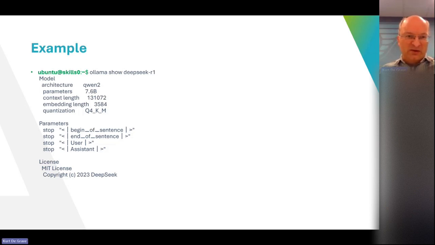It has a context length of about 130,000 tokens, so you can have prompt input of up to that length, and if the prompt is longer, then the first part drops out, right? So it can only take that many tokens into account. The embedding length of the model, so the model dimension, is 3,500.